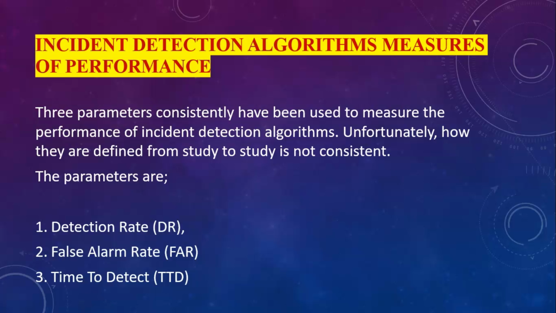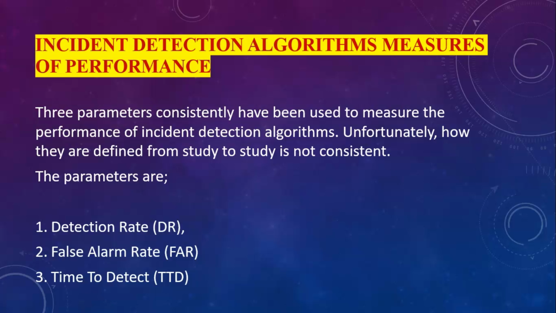The quicker the detection of that incident, the faster the required agencies or emergency services are deployed to that location in order to clear up the incident on the road and restore traffic flow. Now, these three parameters in incident detection algorithms that we have already explained so far are quite important to measure its performance. For the first one, we have what we call the detection rate.